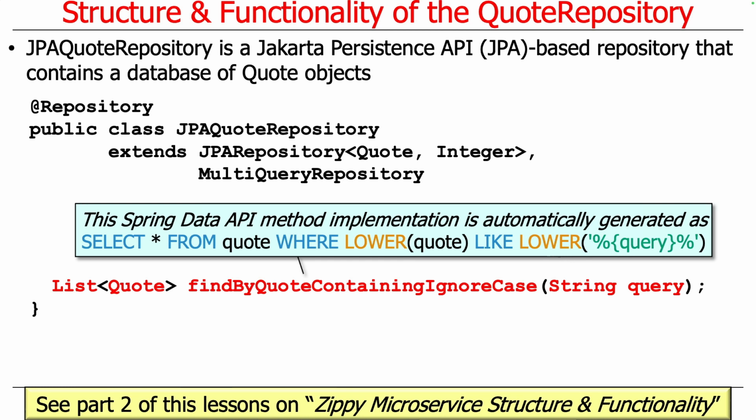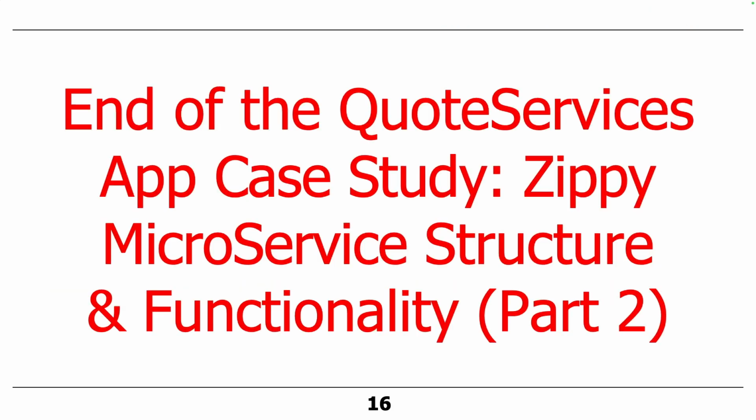By the way, if you're curious how I knew what this was, I typed this declarative method with the parameters and the return value into ChatGPT, and I said, please show me the corresponding SQL query that the Spring Data API would generate from this. And boom, it did that, which was pretty darn cool.